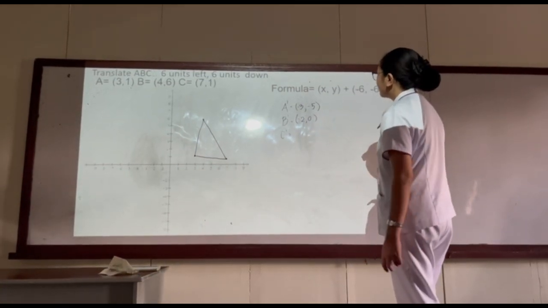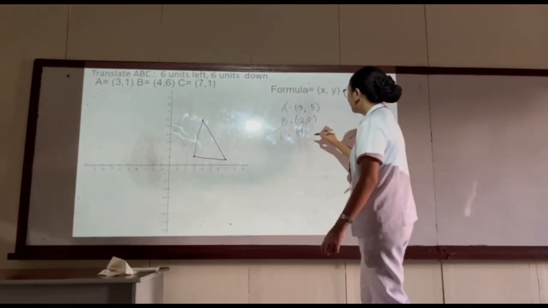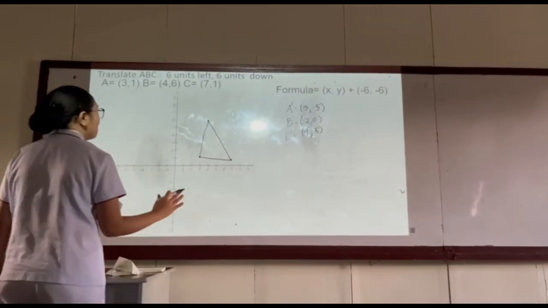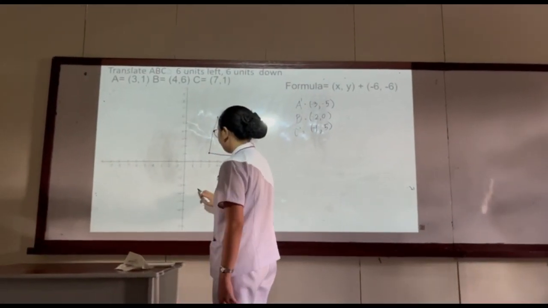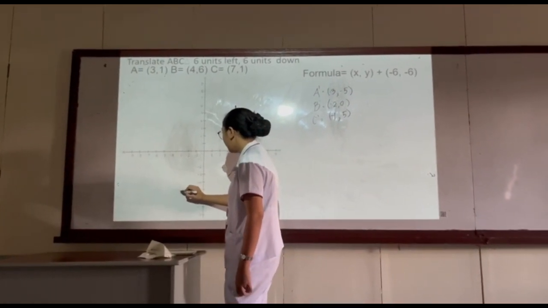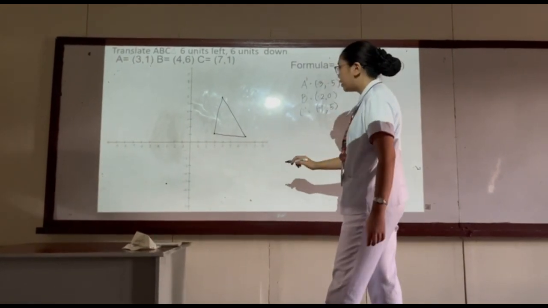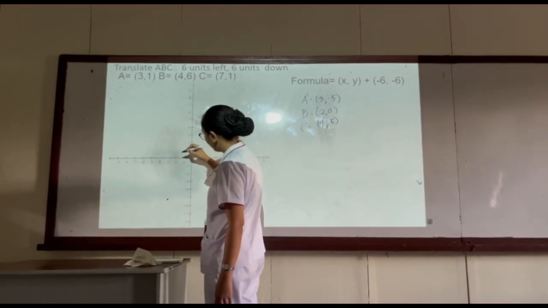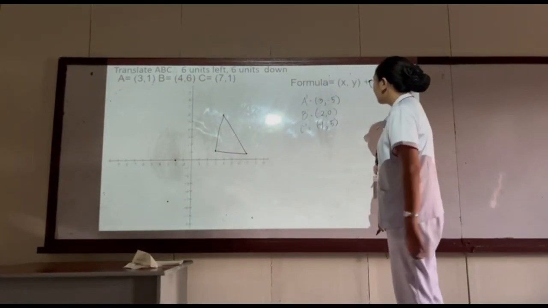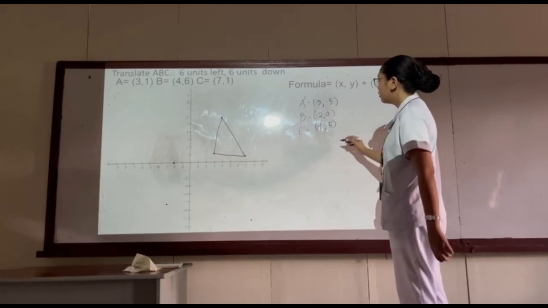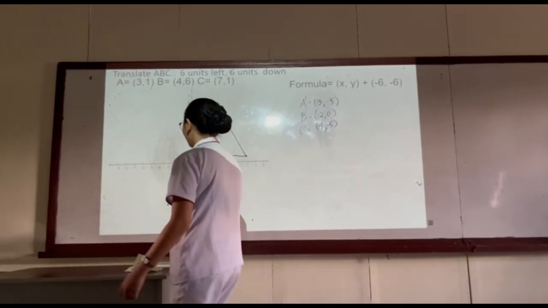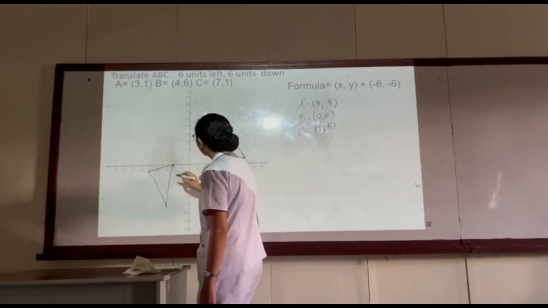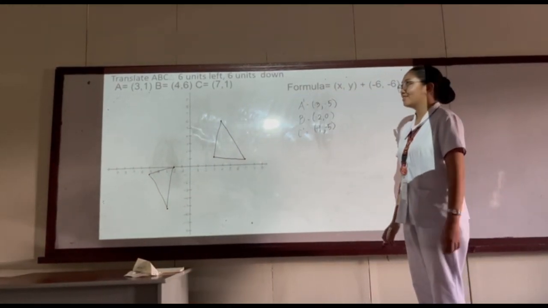And C is -1, negative 5. So now, that's our image. That's all for the second example.